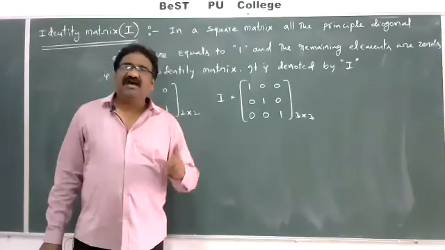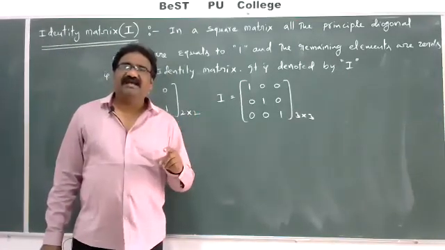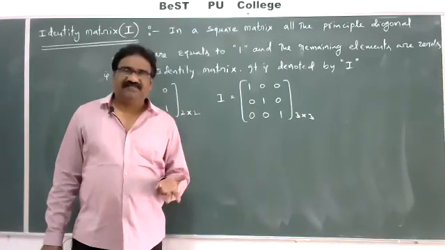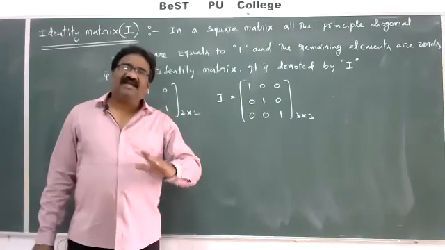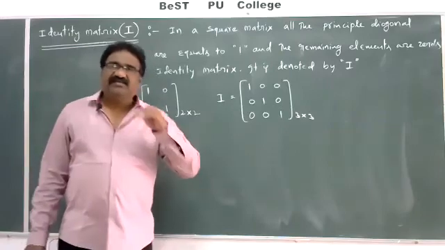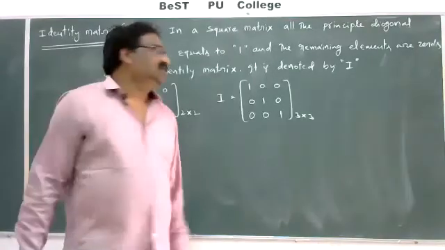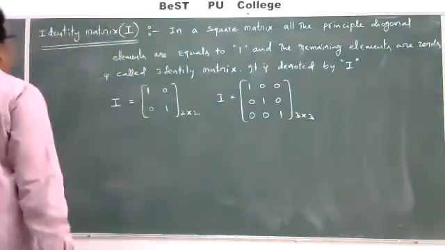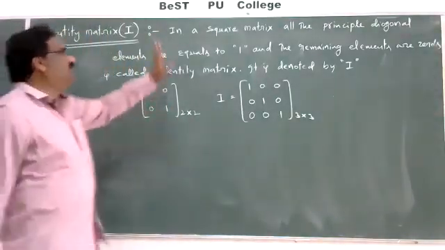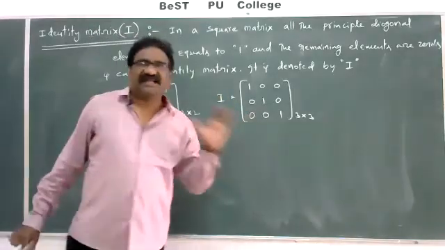Every scalar matrix need not be an identity matrix. You remember that. Identity matrix is always represented by the letter capital I.